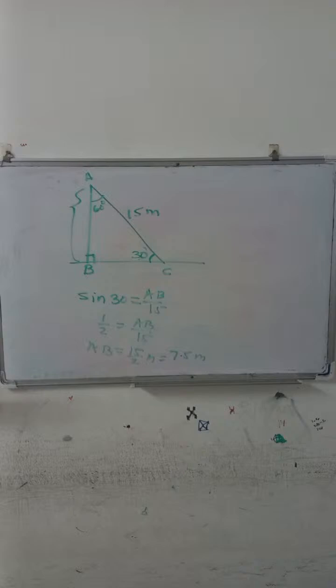Comma. The angle of elevation increases to 60 degrees. Full stop. Find the height of the tower.